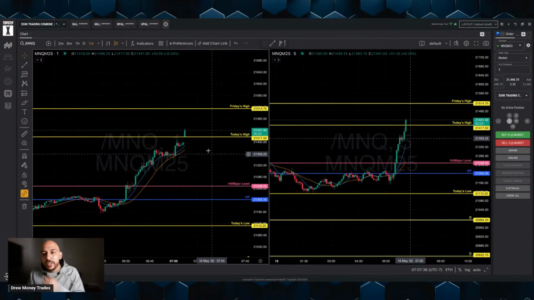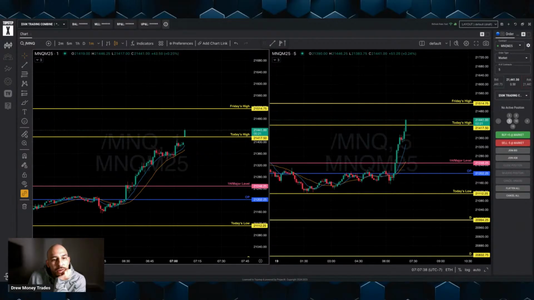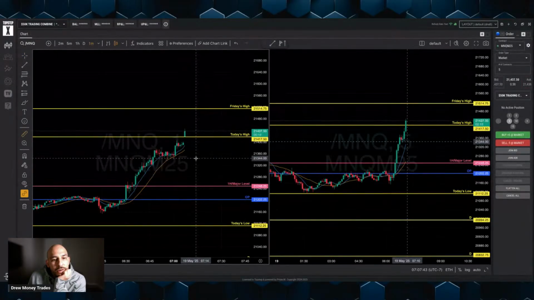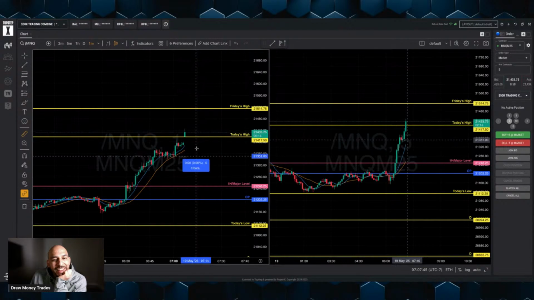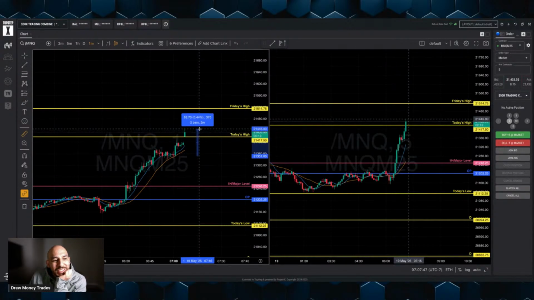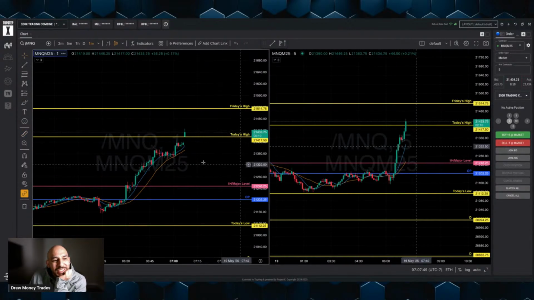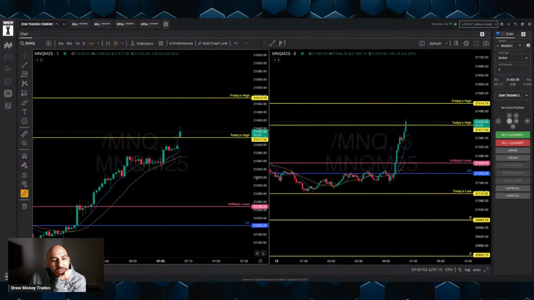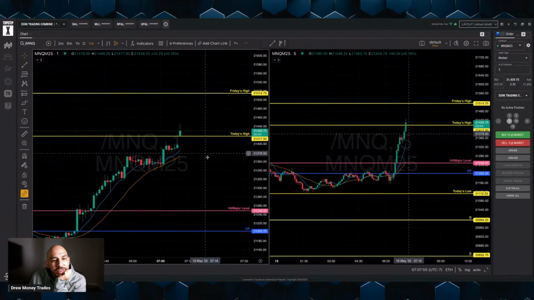Of course, right here getting into 50. Look at that. Enough room for me to go up. But it gapped up.